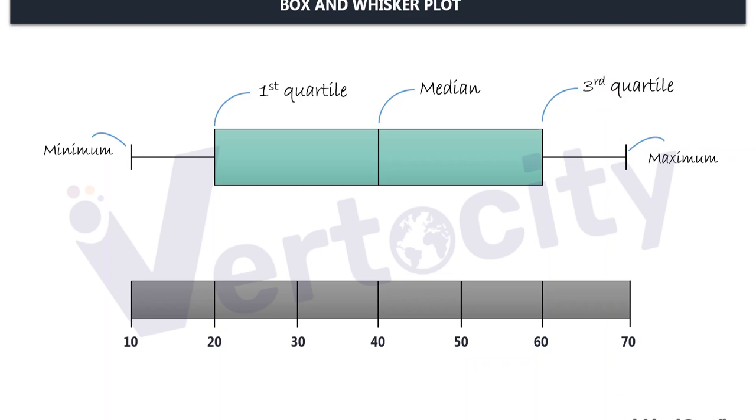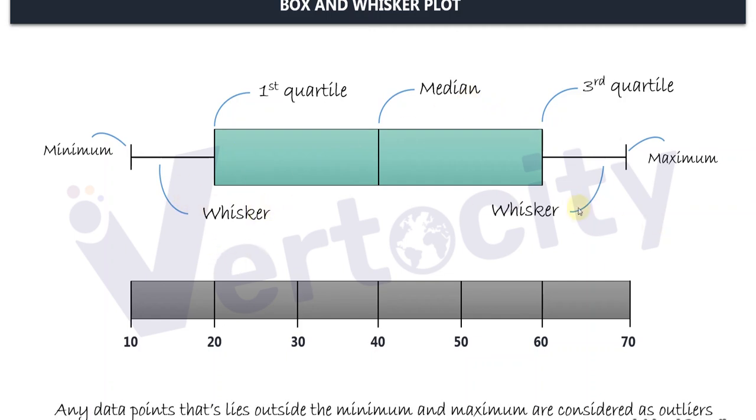So this is how a box plot is formed. And why do we call it a whisker plot? Because the box has two whiskers on the left and right sides. This is why we call it a box and whisker plot. As I said, always remember that it should be constructed with a scale.